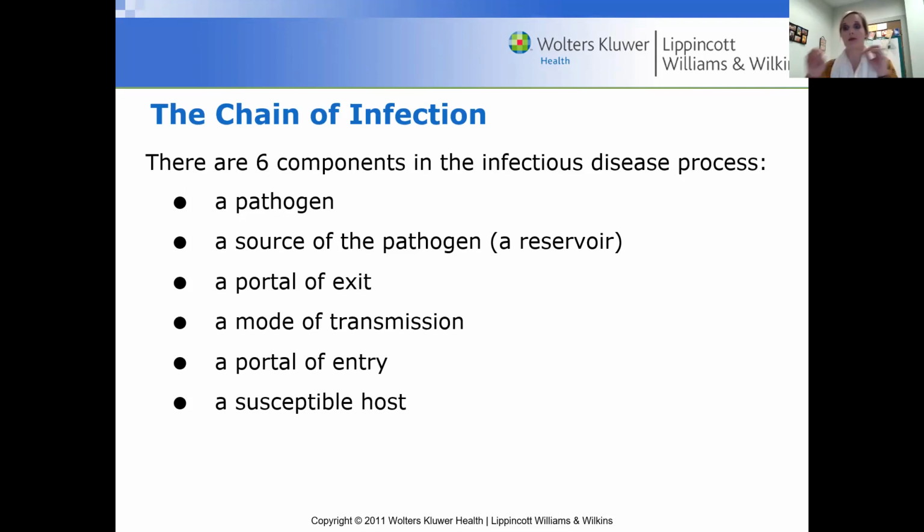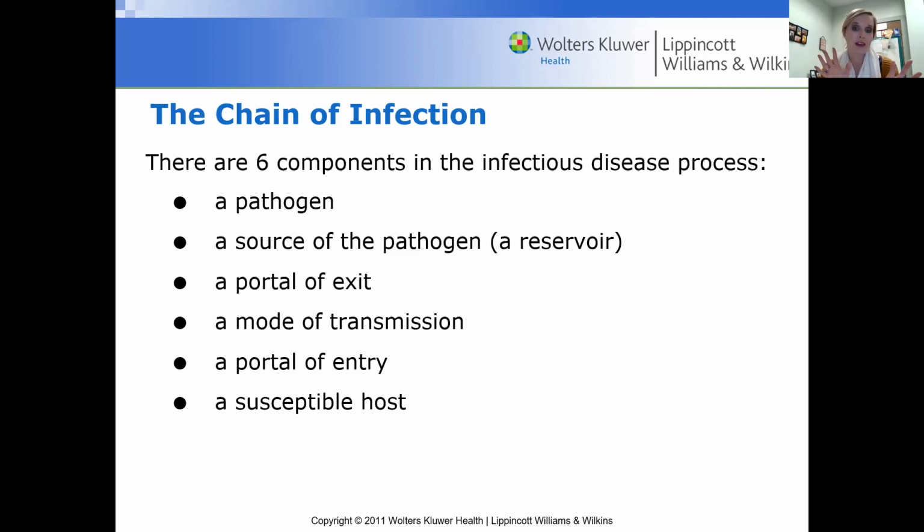It can be a human, it can be an animal, it can be a bug that bites you after it bit an infected person. It could be an inanimate object. So we'll talk a little bit more about those reservoirs in just a second. The portal of exit, how does it exit the person who's infected? How does it get out of their body? The mode of transmission. So meaning after it exits their body, let's say they cough on their hand. Right now, it's just on their hand.